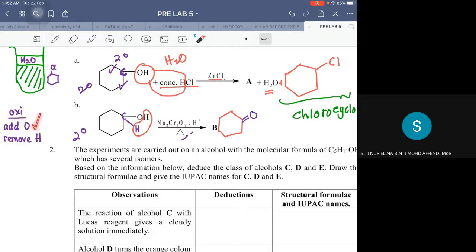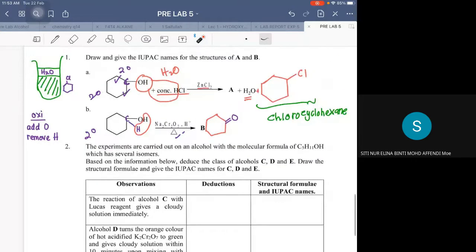Either we add O ataupun kita remove hydrogen, or we can do this together. Depends on the condition, the alcohol apa. Okay, in this case, secondary alcohol got one hydrogen. So oxidation is removing hydrogen. So boleh remove hydrogen, remaining CO. So O tak cukup bond, carbon pun tak cukup bond. So dia jadi double bond O.